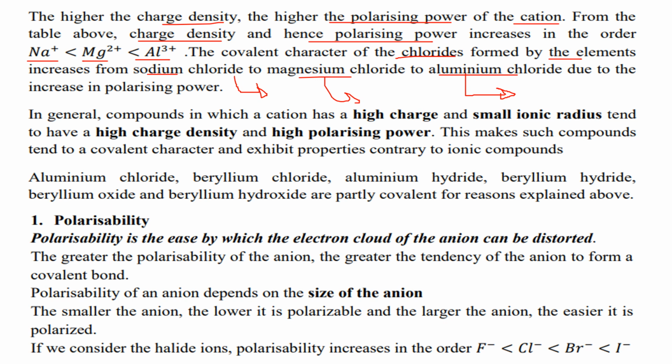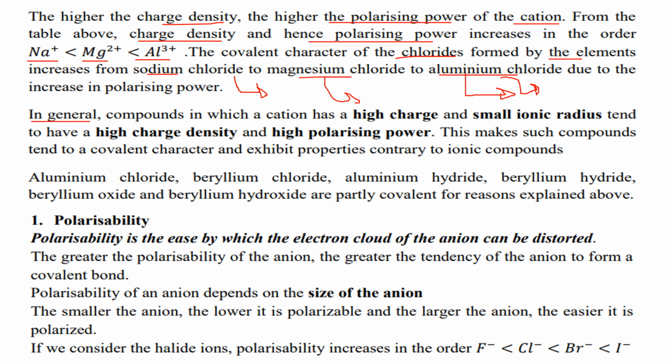Now you should know, under this topic, the characteristics of covalent compounds. Covalent compounds have low melting or boiling points, and that's as a result of polarizability, which we explain in three terms.